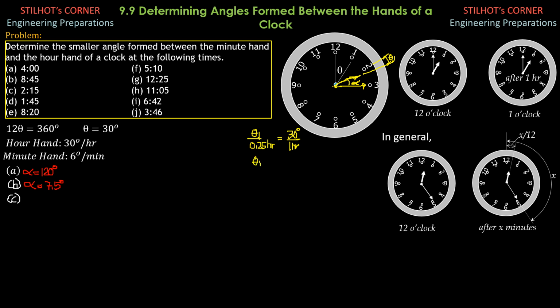Since 0.25 of 30 is 7.5 degrees, therefore alpha is equal to 30 degrees minus 7.5 degrees. So the answer to the second part, alpha, the angle formed between the minute hand and the hour hand of the clock, is 30 minus 7.5, and that is 22.5 degrees.